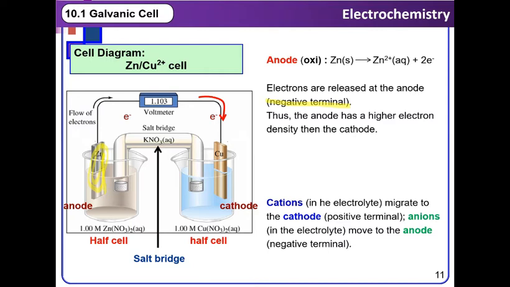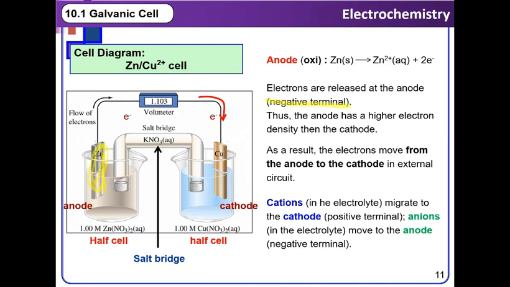While cations migrate to the cathode, the positive terminal, anions in the electrolyte move to the anode, the negative terminal. As a result, the electrons move from the anode to the cathode in the external circuit.